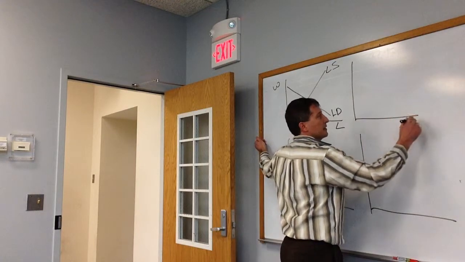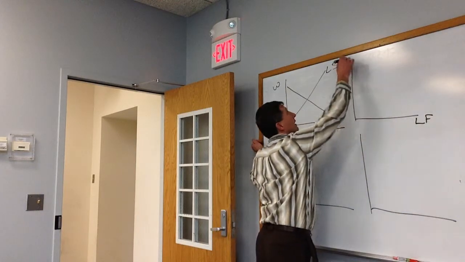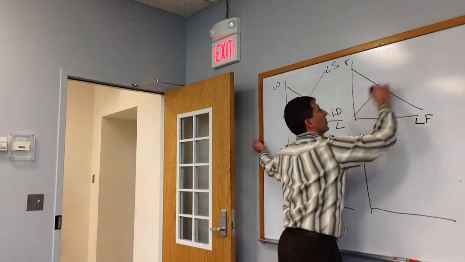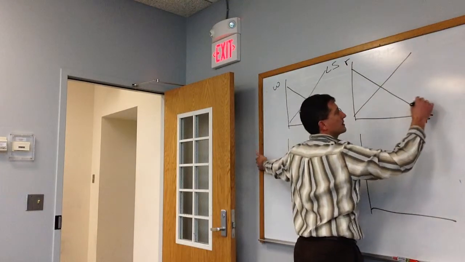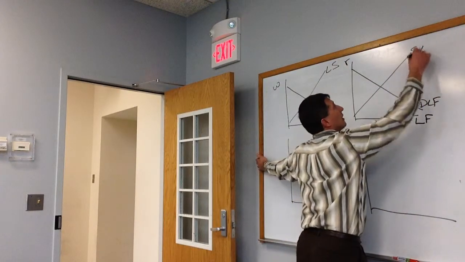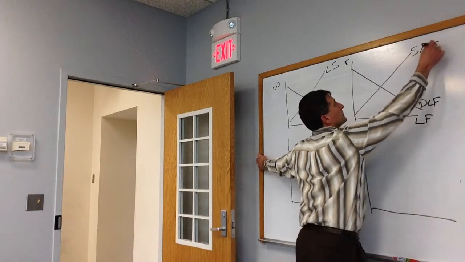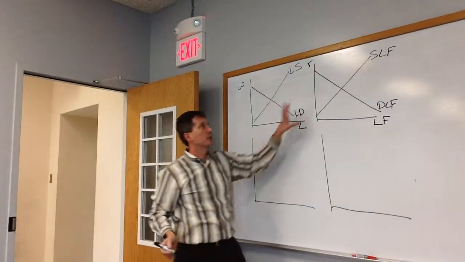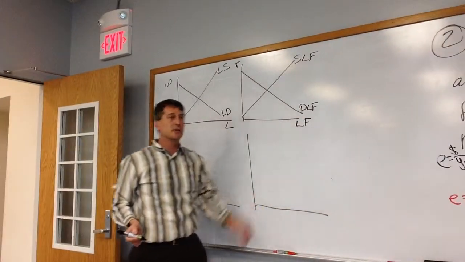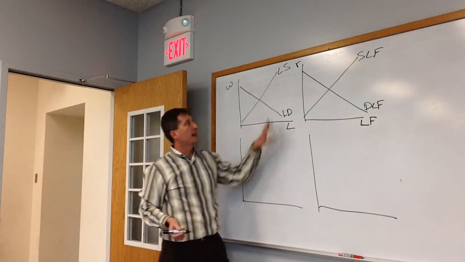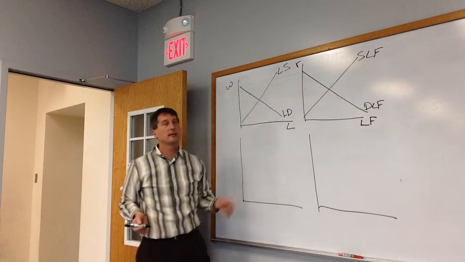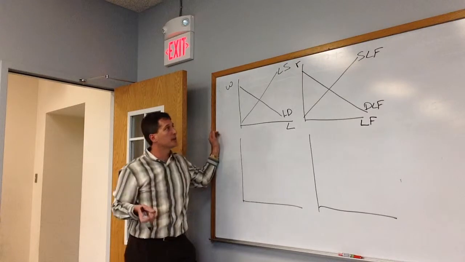Then we moved into the capital market and learned that the world market for loanable funds is global. We've got savers from around the world, we've got demanders from around the world, and they get together and influence the real rate of interest.